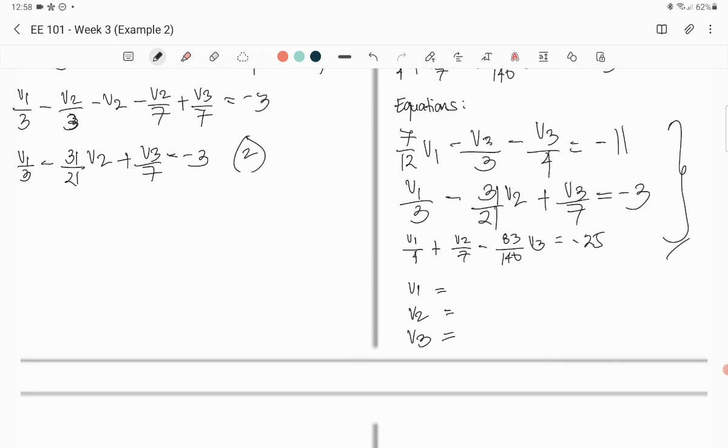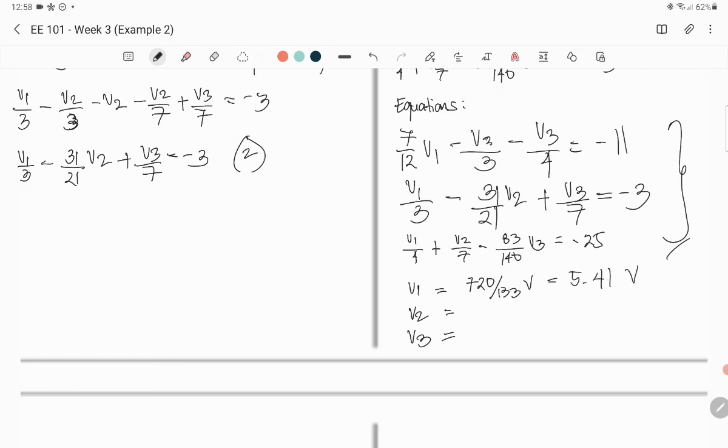So all you have to do is to press equals. Then you will have your value for v1, which is equal to 720 over 133 volts, or just equal to 5.41 volts.